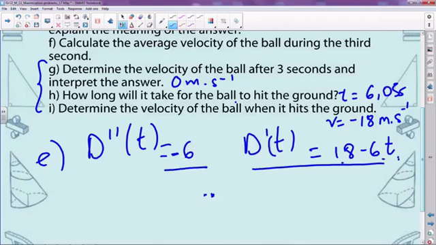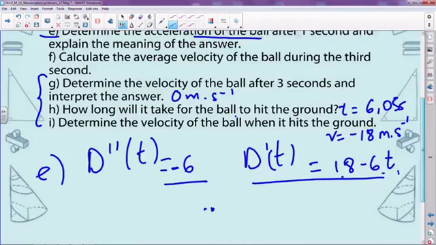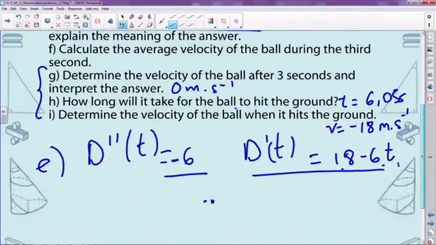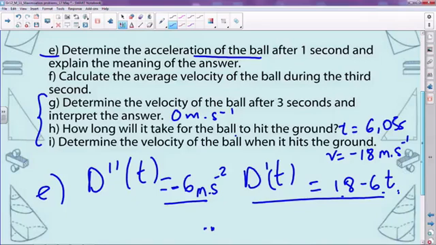So when it says, what is the acceleration after 1 second? You can see that I've got nowhere to actually place this 1 second. It seems like my acceleration is going to be minus 6 meters per second squared anyway, always. So the acceleration of the ball after 1 second is minus 6 meters per second squared.